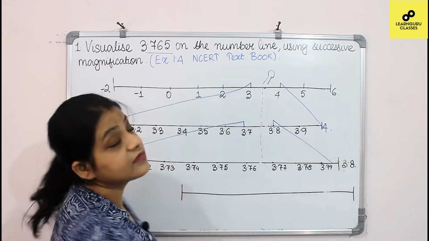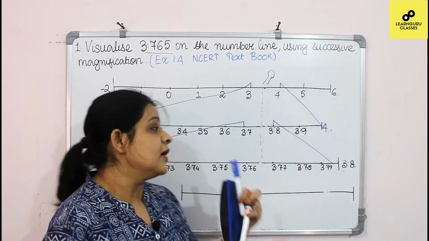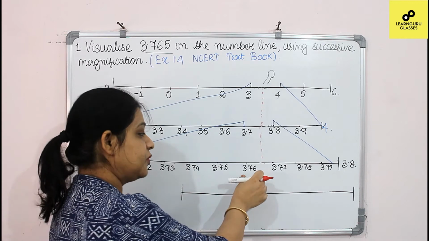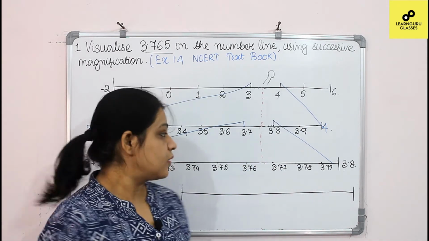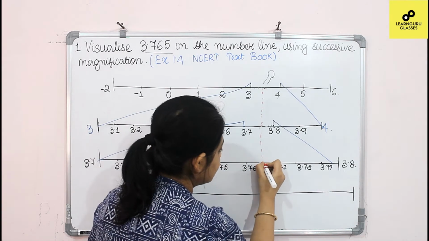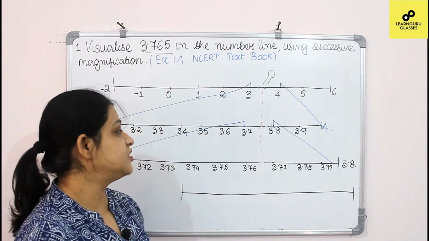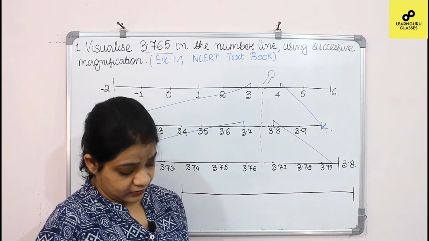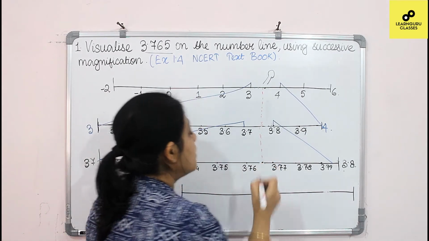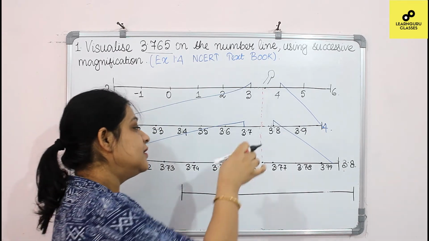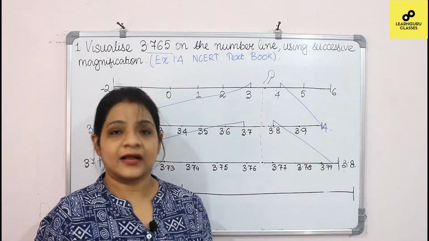So 3.765 is a number that will lie in between 3.76 and 3.77. Okay, so let us assume that this is the approximate position of 3.765.